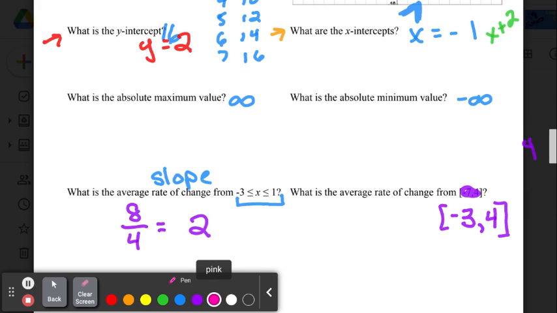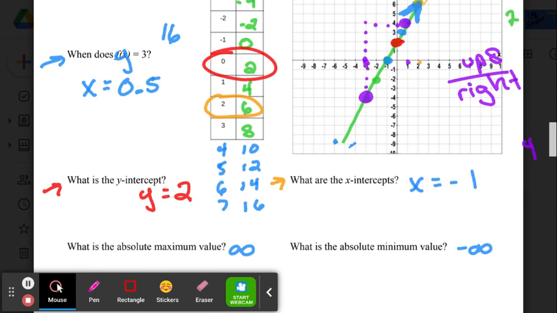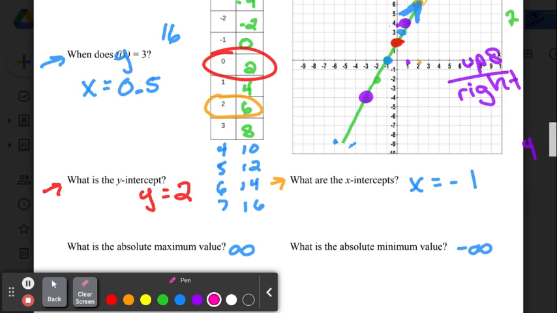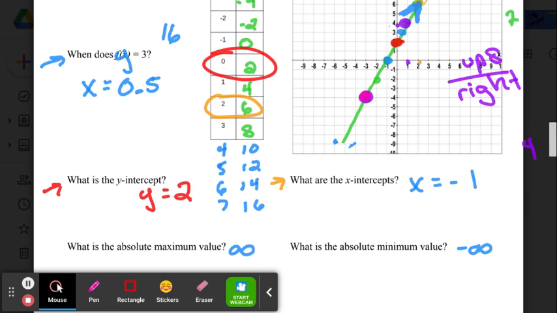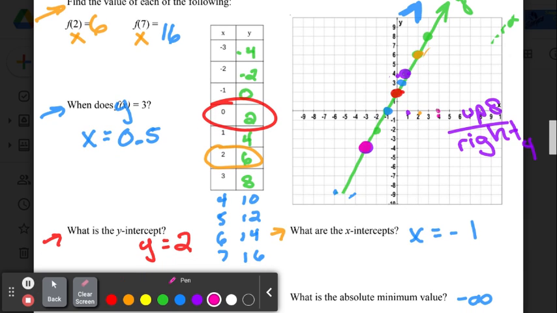I'll do this one in a different color. I'll do this one in pink because I like pink. So from -3 to 4. So from -3. So we're still using this number, but now, oh shoot, I gotta move up more. Here's 4. Ooh, there's this point.